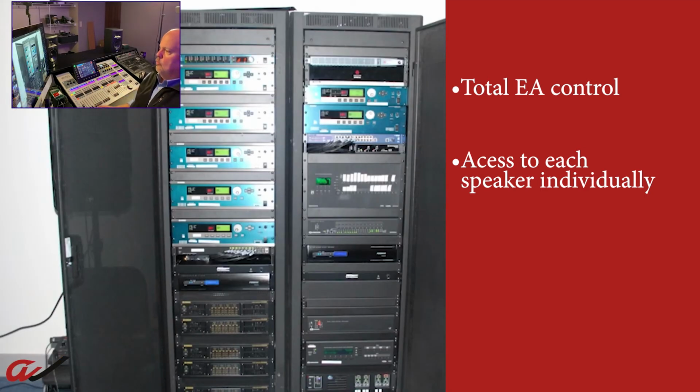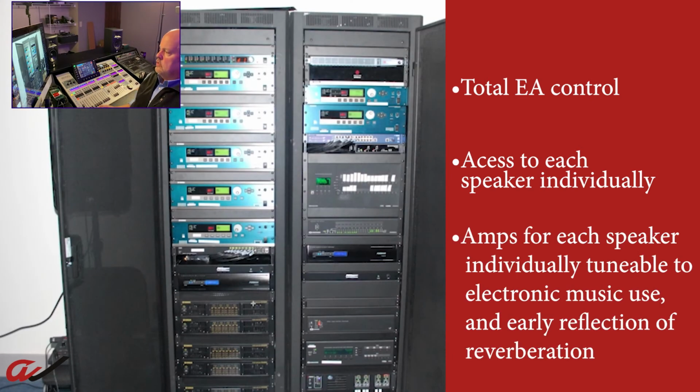So this is all run through all of these digital processors, individual amplifiers that are driving each loudspeaker so that every loudspeaker can be individually tuned for the electronic music use as well as individually tuned for the early reflection and reverberation use of the room.